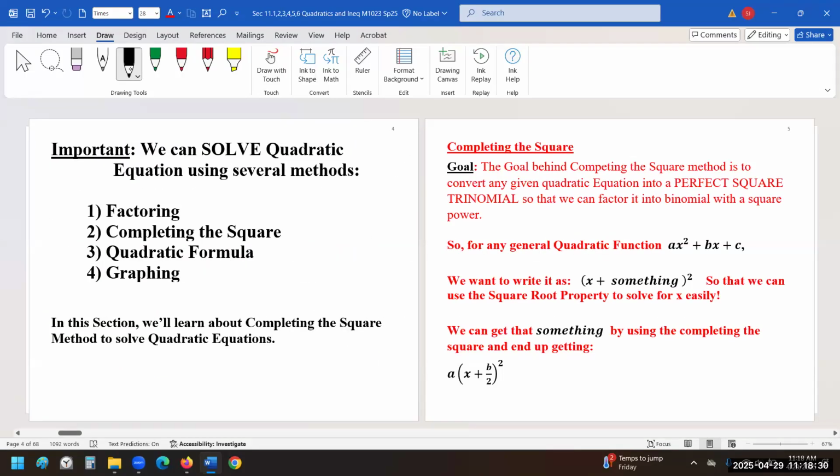Now, completing the square. When you complete the square, our goal is to rewrite this in this format: x plus or minus something, and then squared. It's called completing the square because we want to complete a square so that we can easily take the square root and solve.